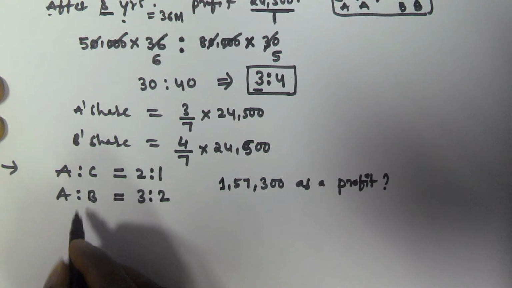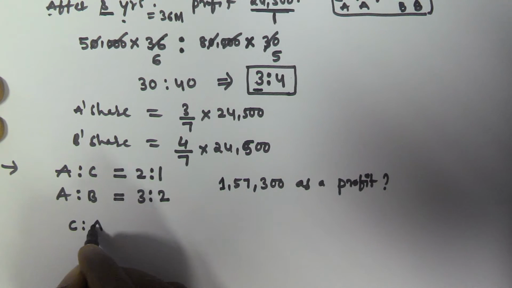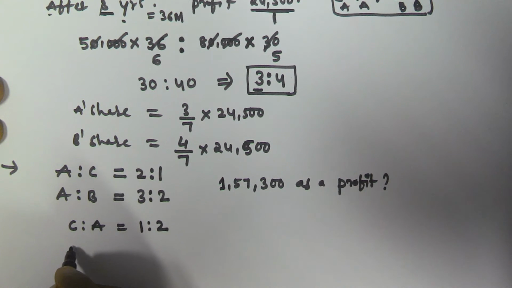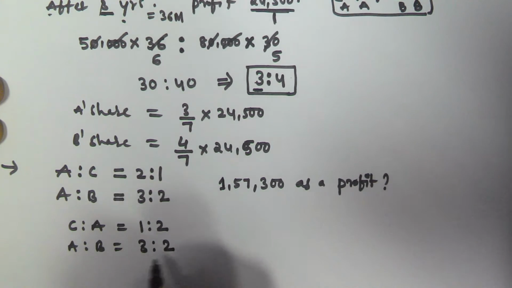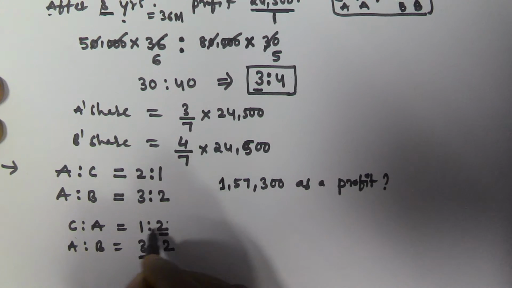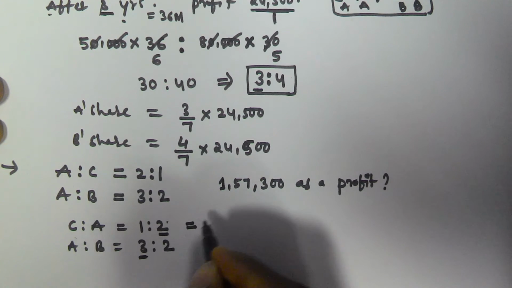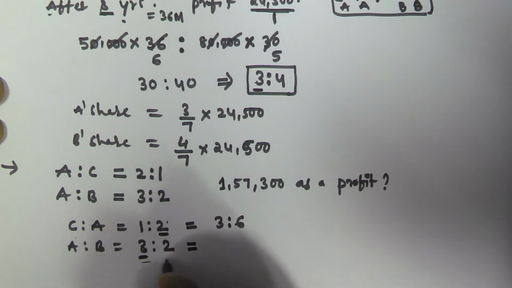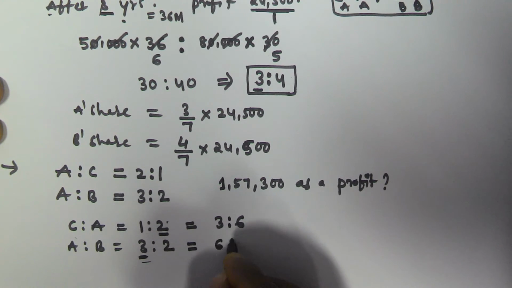The same I can also write as C ratio A is equal to 1 ratio 2. And then A ratio B is given as 3 ratio 2. Here A's value is 2 in this one, and here A's value is 3. So I have to make these two equal. For that I will multiply this one with 3 and this one with 2. So this is 3 ratio 6, and this is 6 ratio 4.